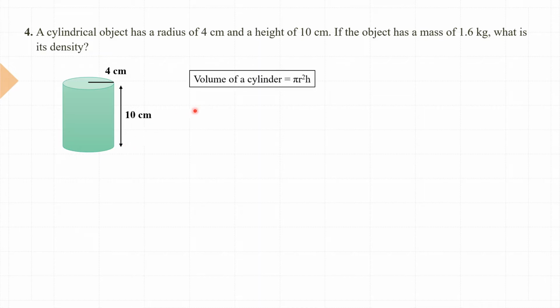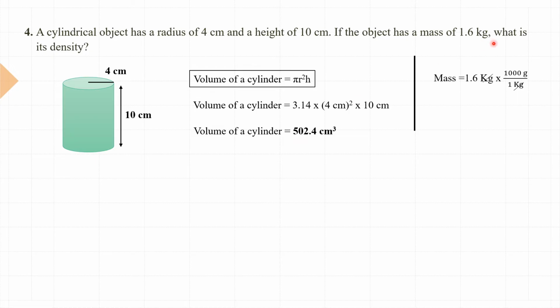Now what is the volume of a cylinder? The formula is pi r squared h. Applying the values, pi is 3.14, times r, 4 centimeters, squared, times h, the height, 10 centimeters. Then the volume of the cylinder is 502.4 cubic centimeters.